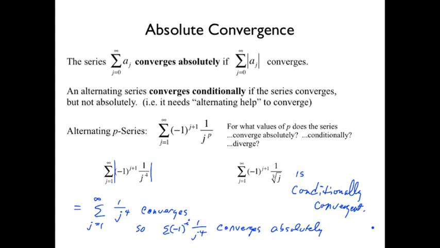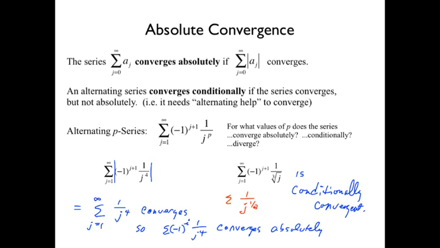Anybody have a question about that? Okay. This one? If I make these all positive terms, then I have the p-series with p equal to what? What does the cube root mean? 1 over j to the 1/3, right?